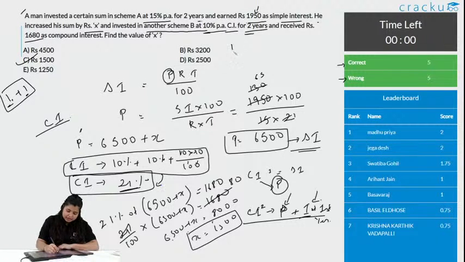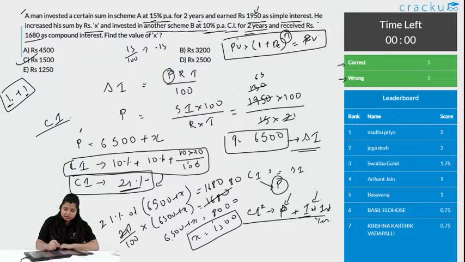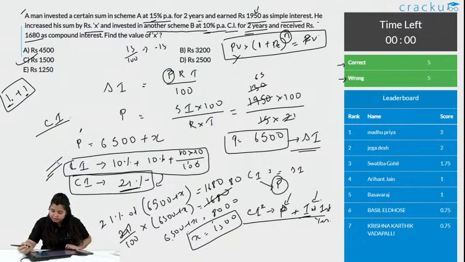It is present value into 1 plus decimal, where decimal is, if this is 15%, that means 15 by 100, so the decimal value will be 0.15, right? So present value into 1 plus decimal to the power time is equal to future value. This is the formula, but a better way is this, so as to avoid confusion.